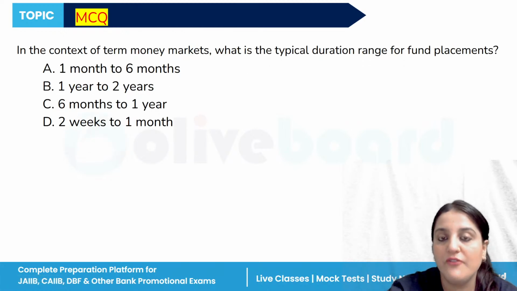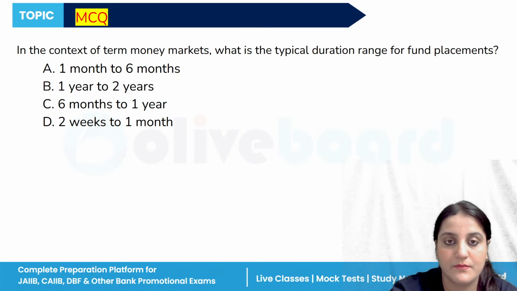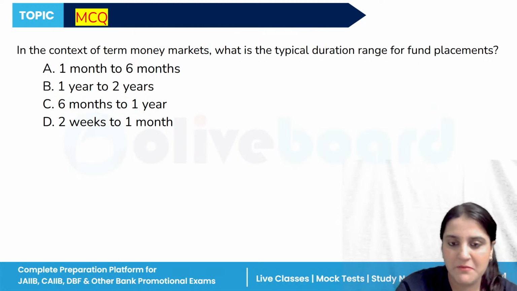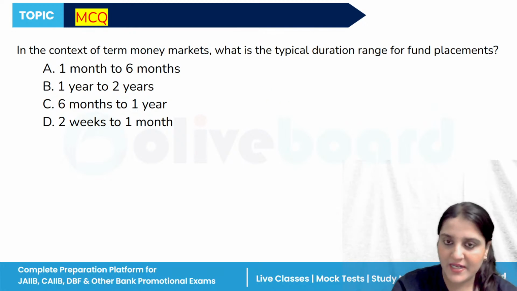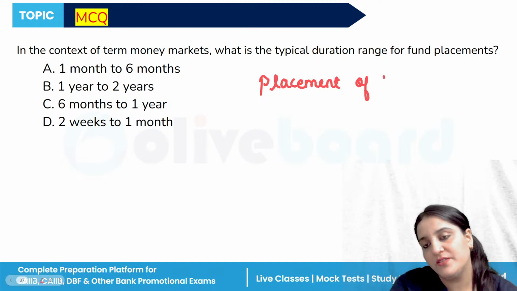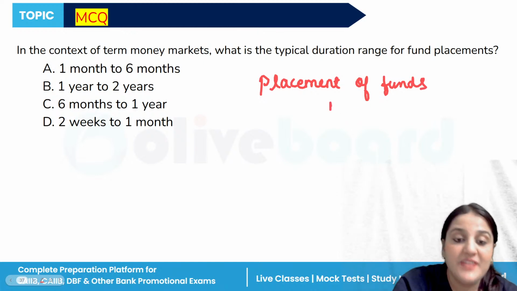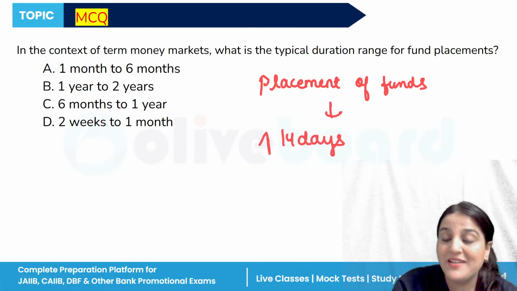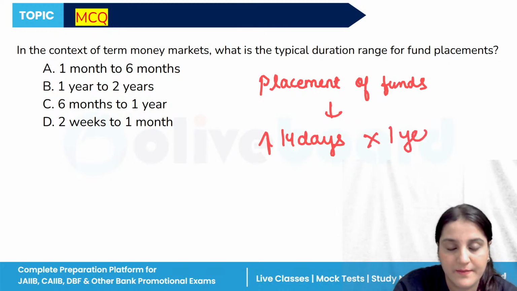In the context of term money market, what is the typical duration range for fund placements? Term money market is typically a market for the placements of funds with the banks for a period exceeding 14 days but not exceeding 1 year.